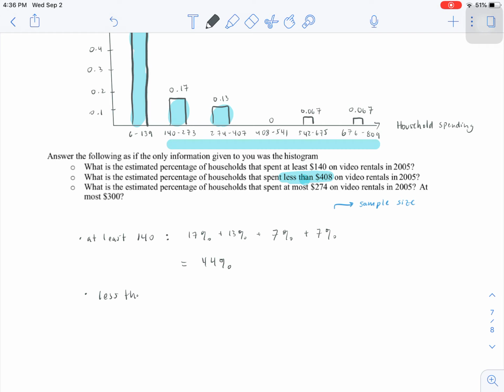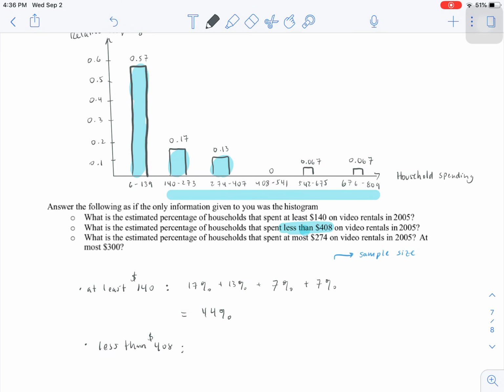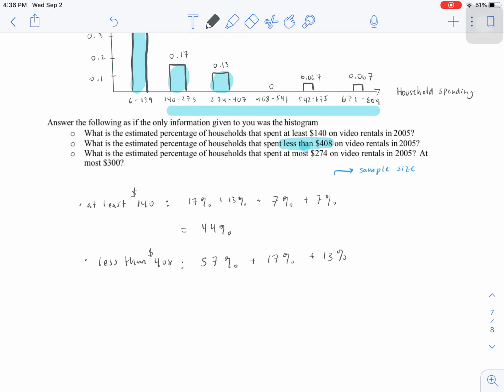Less than 408. So I can add up these percentages, which is 57% plus 17% plus 13%. And if I do that, I should get 87%. So that tells me that 87% of the people in our data set spent less than $408 on video rentals.